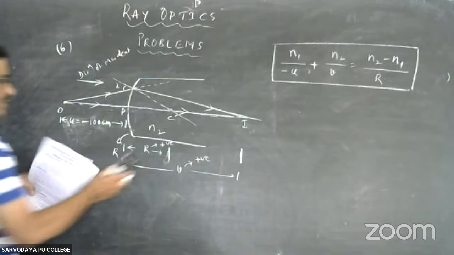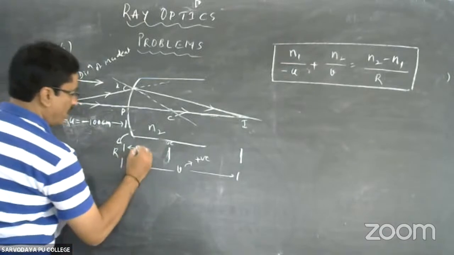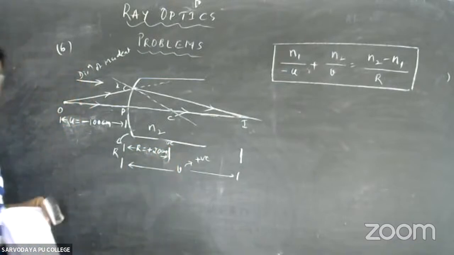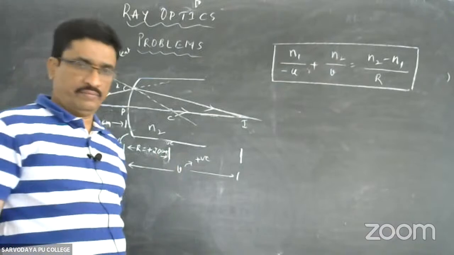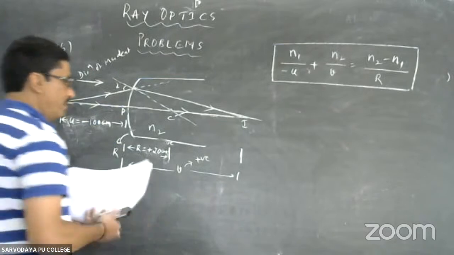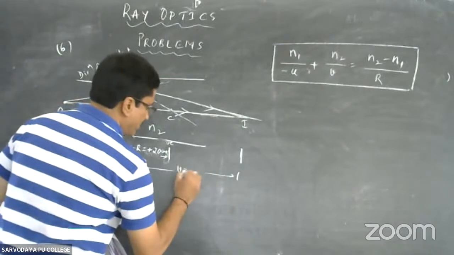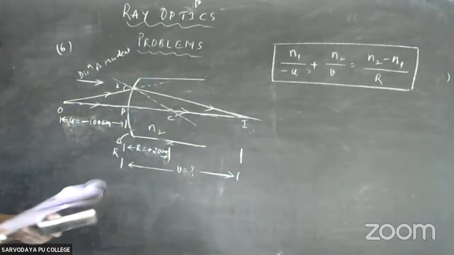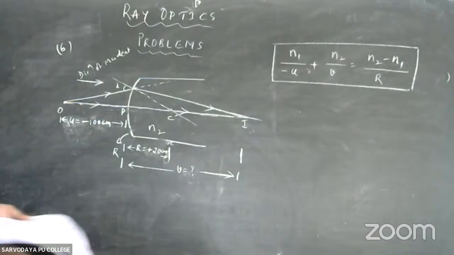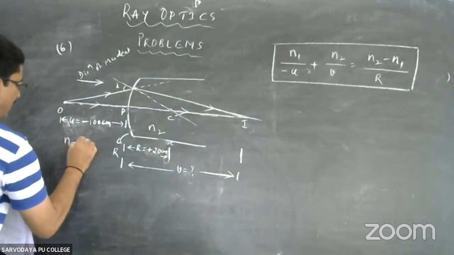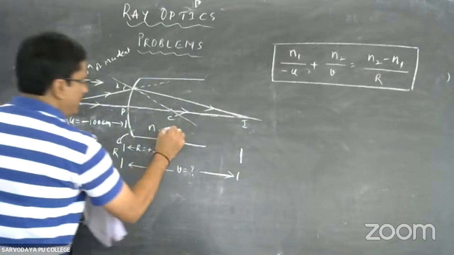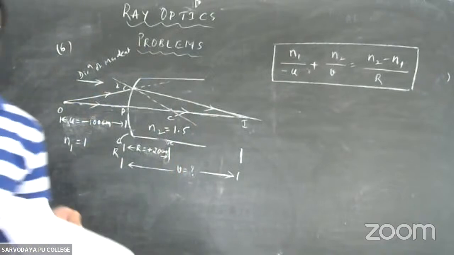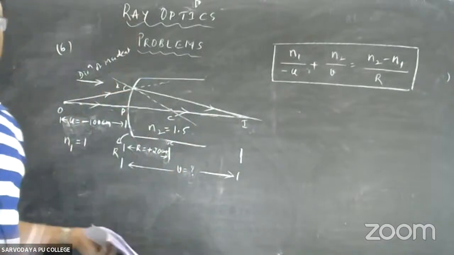It is 20 centimeter, so R equals plus 20 centimeter. R is also positive. We have been asked to find v, where actually we get the image. The refractive index outside is air, so n1 is equal to 1, and n2 will be equal to 1.5. If you have this much idea, you can easily work this out.